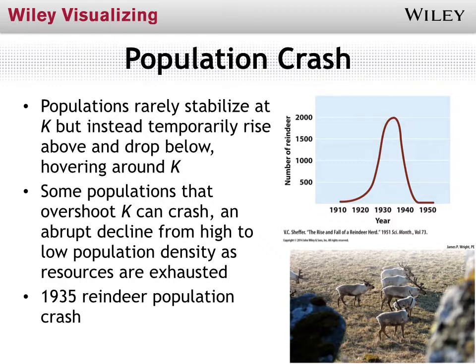Once that population crashes and falls below the carrying capacity, then we tend to start seeing the habitat recovering. As the habitat recovers, the population of organisms starts rising again. And so it creates more of a roller coaster look, up and down over time as the environment changes over time.